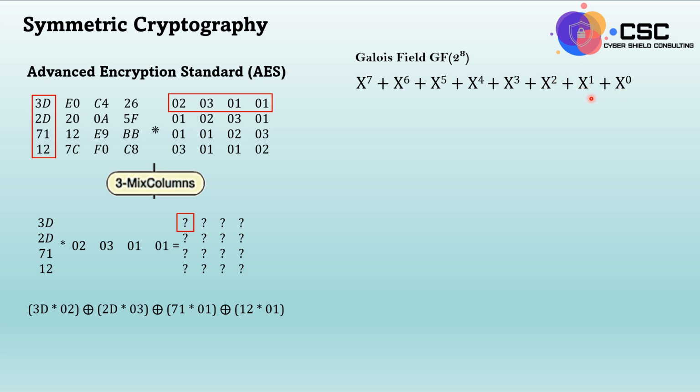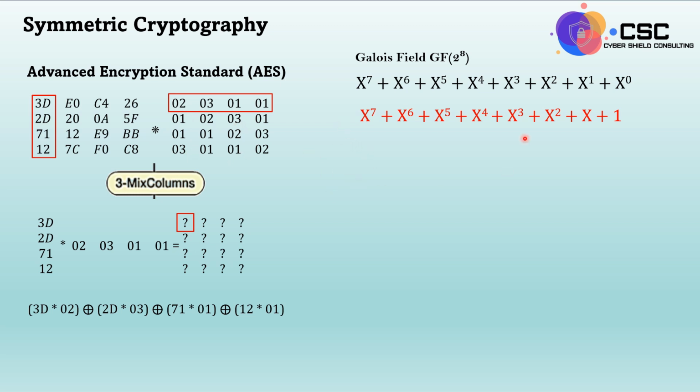I will make a simplified version of this because we know anything raised to the power of 0, the result is 1, and x raised to the power of 1, the result is x. So this is the simplified version I will use. The matrix I use for mixed columns has only 3 values, as we said earlier, 0, 1, 0, 2, and 0, 3. So the first step is what?